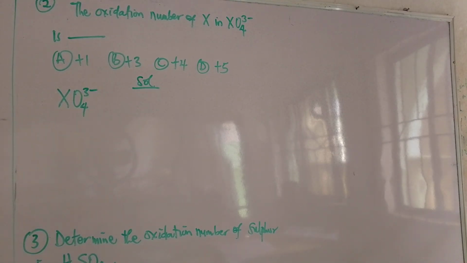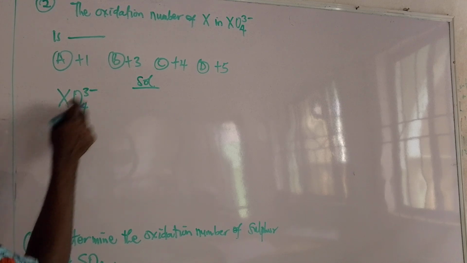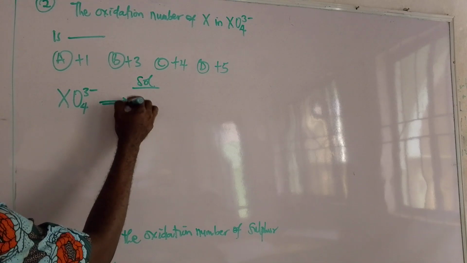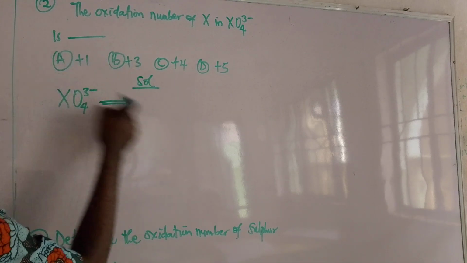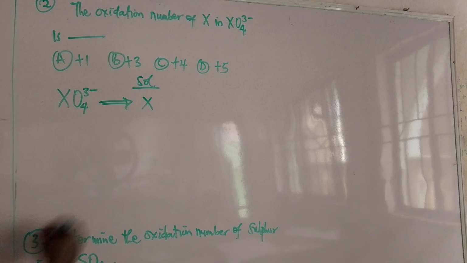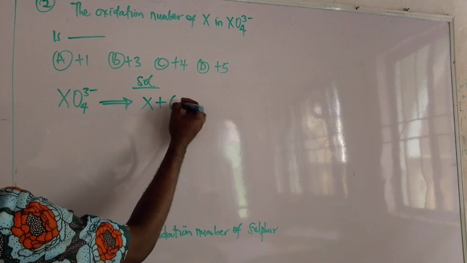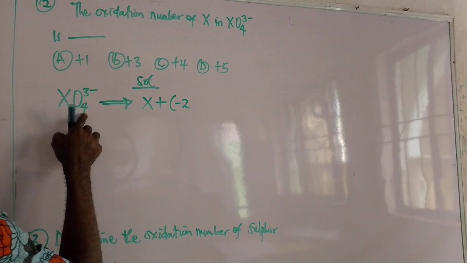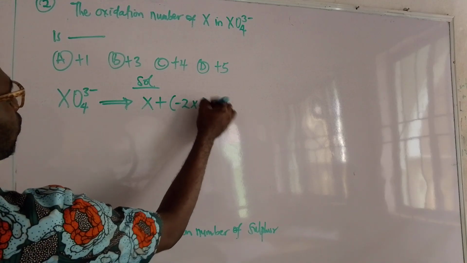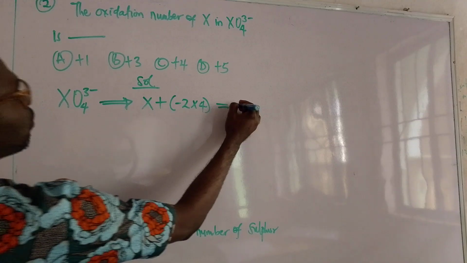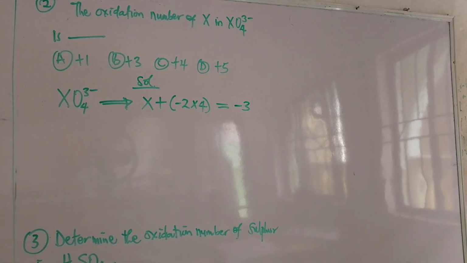Anyhow is not acceptable in chemistry. Since we have it in radical form, I will interpret it as X, the unknown I'm looking for. Then plus, oxygen is always minus 2, multiplied by the number under, that is 4. Everything will now be equal to the charge on top, that's minus 3, since it's a radical.